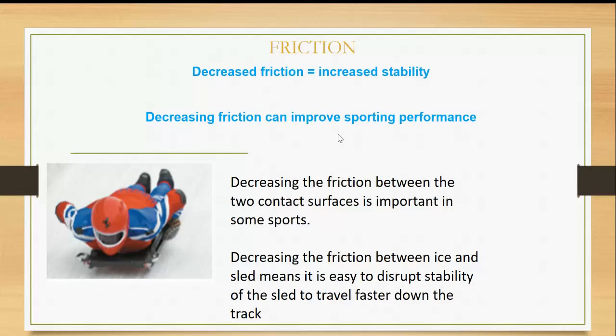So therefore, there is decreased friction, which means they can travel faster. They will travel without as much disruption as what they would be on grass, or what they would be if he had a flat bottom rather than a sharp bottom.